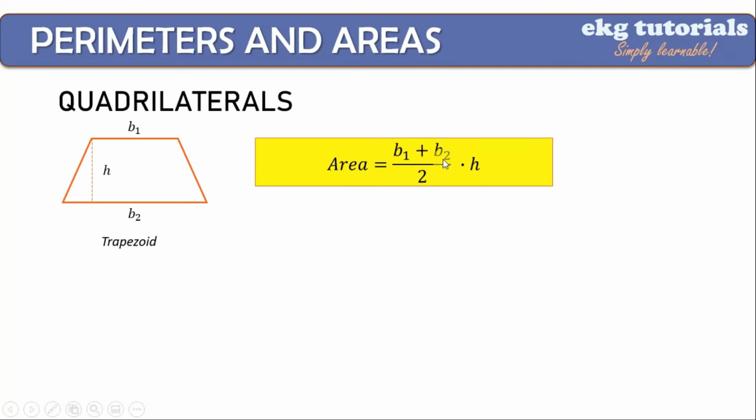Base 1 plus base 2, yung sum, i-divide natin by 2, then saka natin i-multiply sa height. Basically, you take the average ng dalawang bases, then i-multiply natin sa height ng ating trapezoid. And that is now the area for this particular shape.